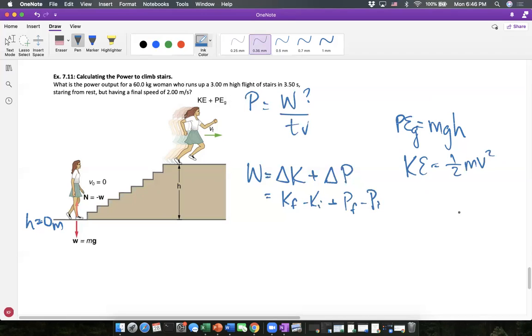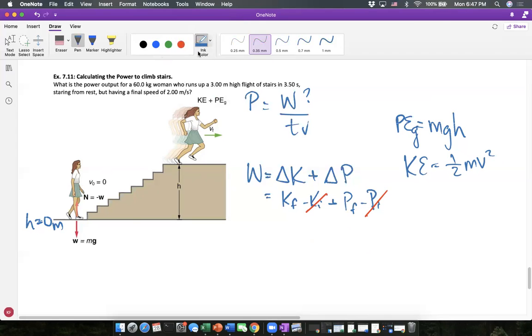Her initial potential energy, since her height is 0, is also 0. Her initial velocity is 0, so her kinetic energy initially is also 0.